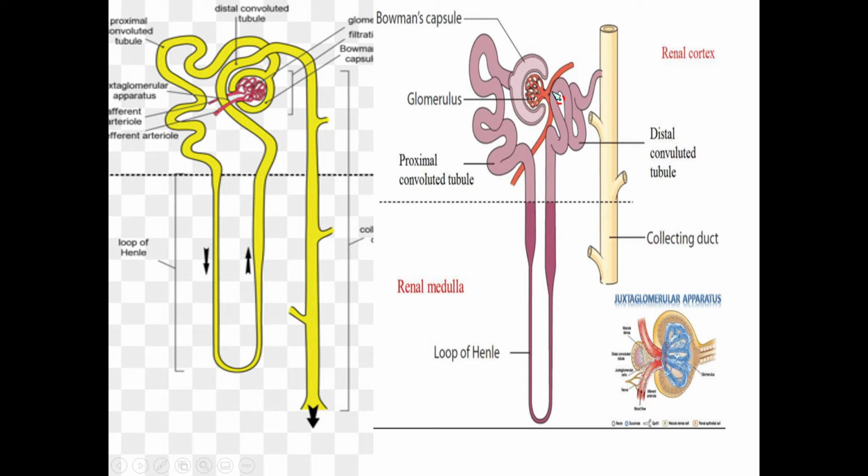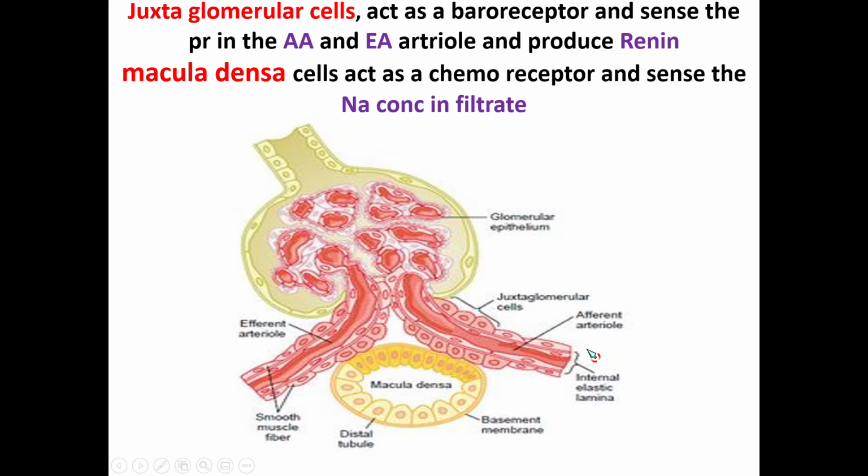If you capture this area, this is the cut section of the distal convoluted tubule, and the cells facing towards the glomerulus become dense and are known as the macula densa.